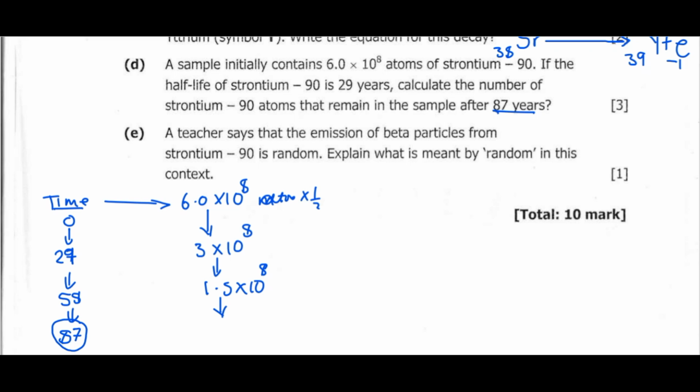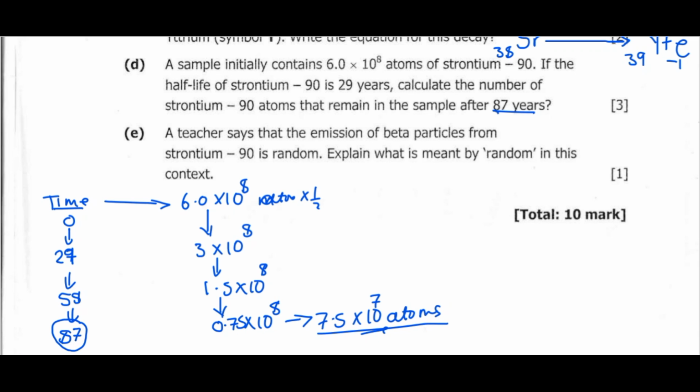I'm getting 0.75 times 10 to the power 8, which we can write as 7.5 times 10 to the power 7 atoms. So these were the atoms that remained.